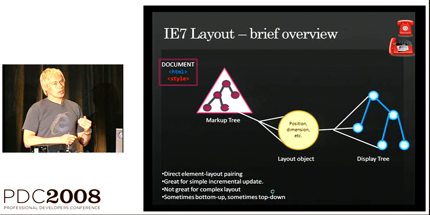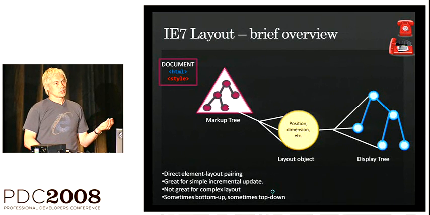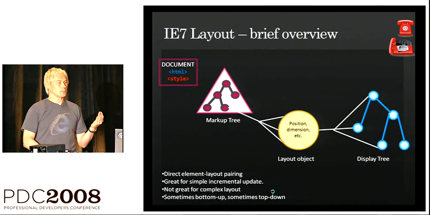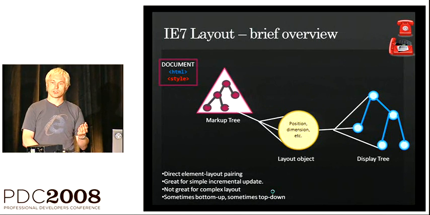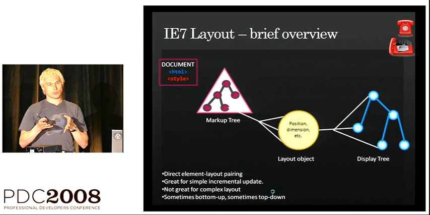The approach to layout is connecting elements with their display representation using layout code that is specific to elements. So basically, an image element knows how to figure out its size. It knows how to render itself. And there is image-specific code there.